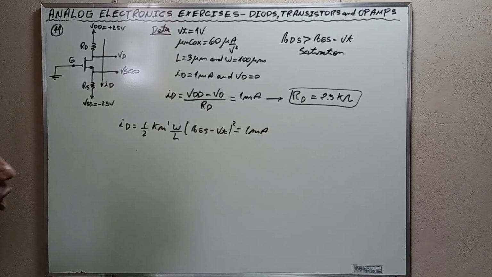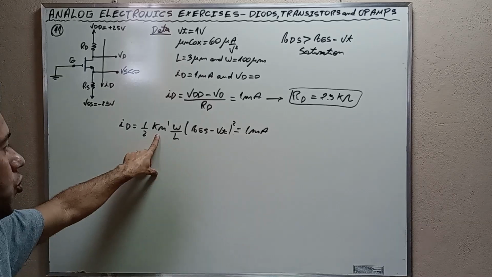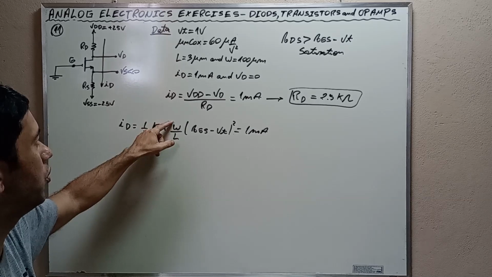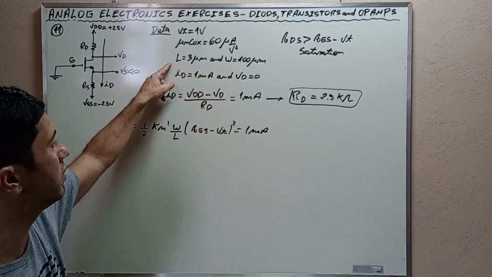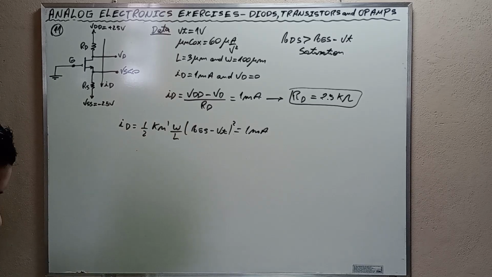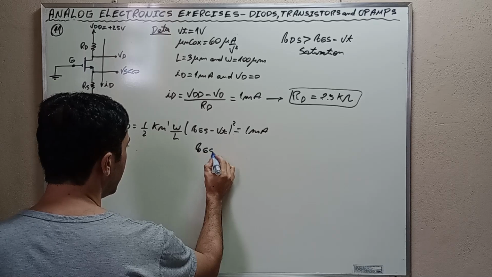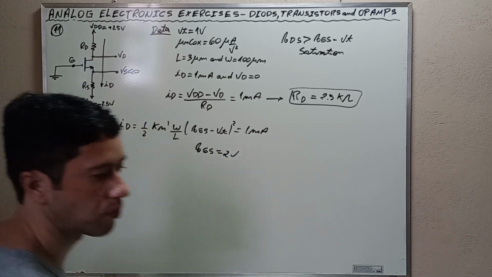Okay, just to help us calculate everything, if we equal this to 1 milliamp and substitute Kn prime by mu n COX, W by this value and L by this value, we find that VGS is equal to 2 volts.